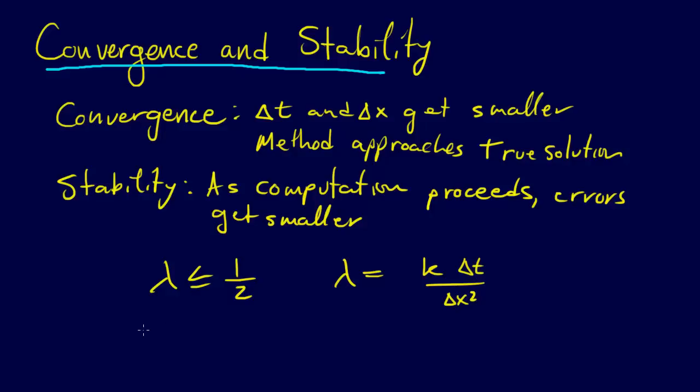So probably a better way of writing this, because it makes more sense, is that if delta t is less than or equal to 1/2 delta x squared over k. So if this is true, then the method is both convergent and stable.